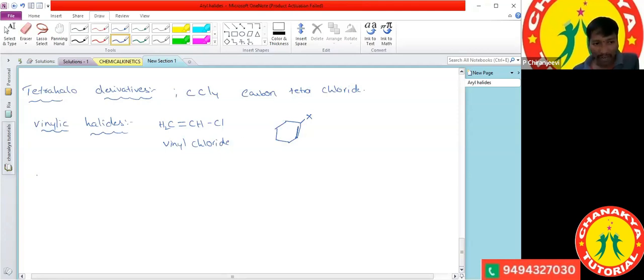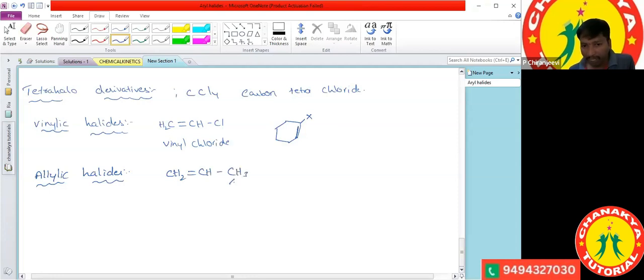First of all, I'll give the clarity for the allylic halides. Preparations you will get later, but here I'm giving only the basic information to you. Allylic means after the vinyl. What is the vinylic position? Vinyl group is attached to the methyl group: CH2 double bond CH bond CH3.